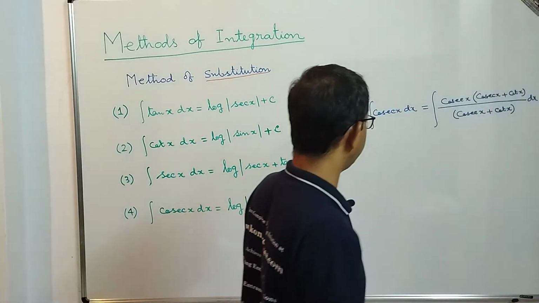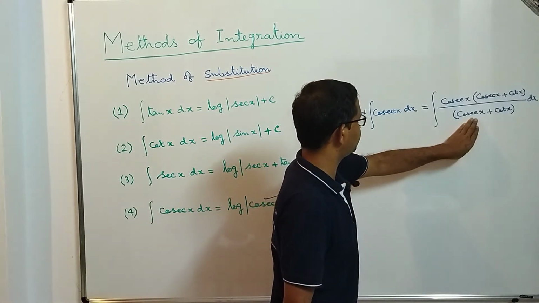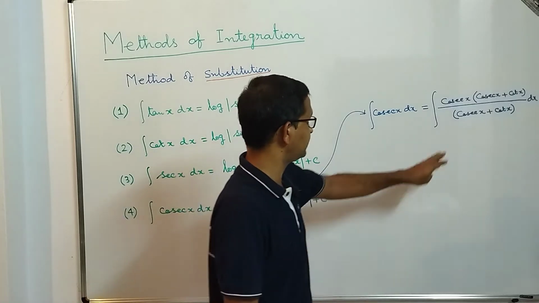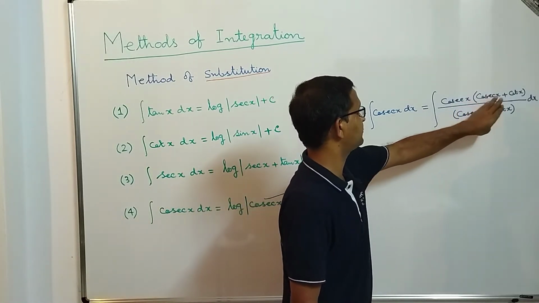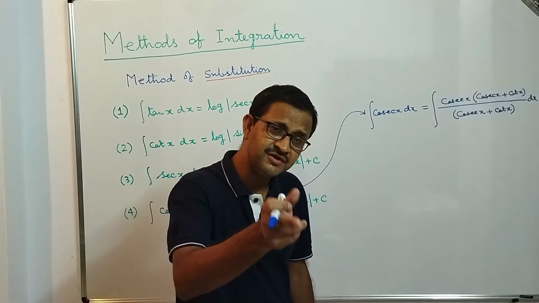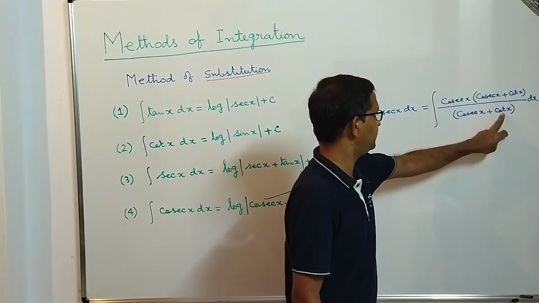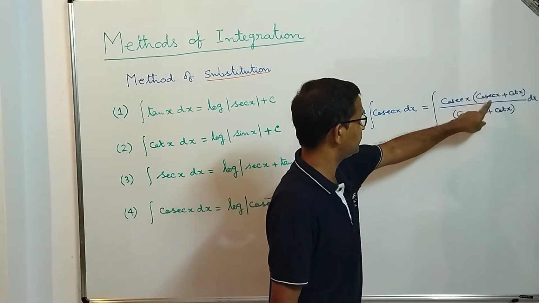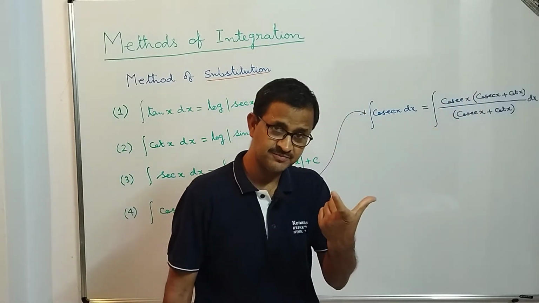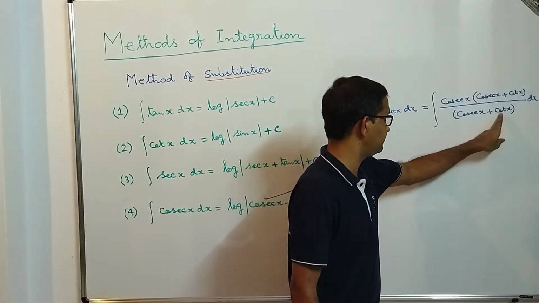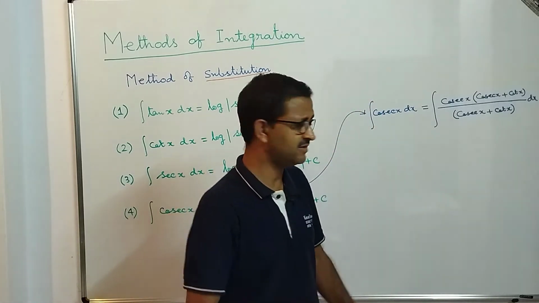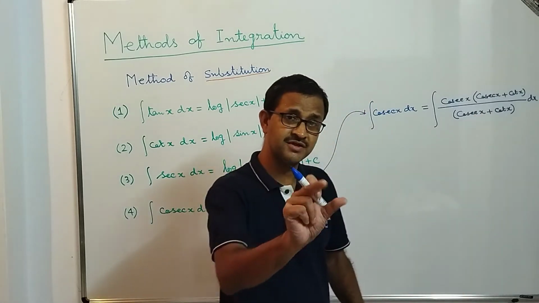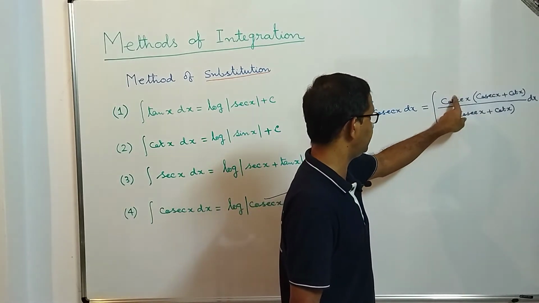Okay, why have I done so? Because what is the differentiation of cosec x? That is minus cosec x cot x. And what is the differentiation of cot x? It is minus cosec square x. So this cosec x and cosec x become cosec square x, which will be helpful because it is the differentiation of cot x with a minus sign, and the differentiation of cosec x is minus cosec x cot x, which can also be obtained if you multiply cosec x and cot x.